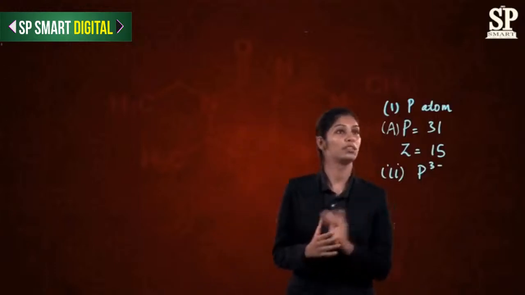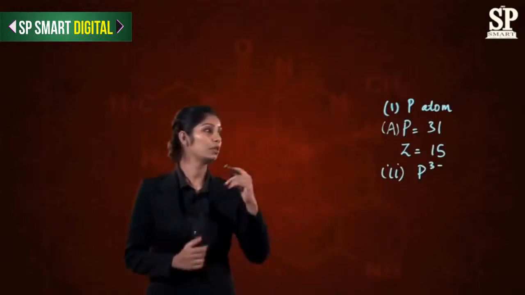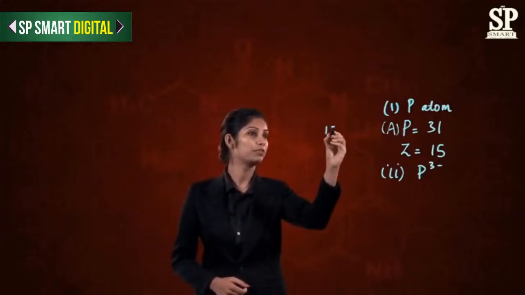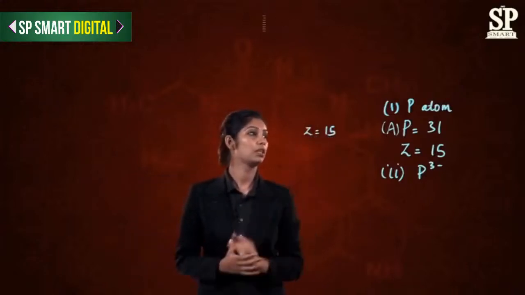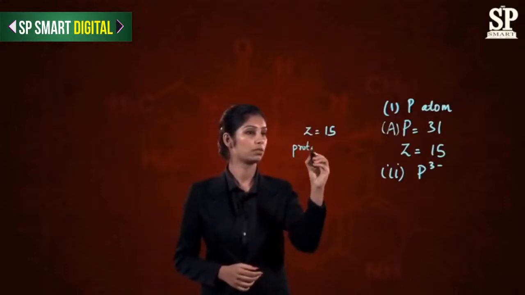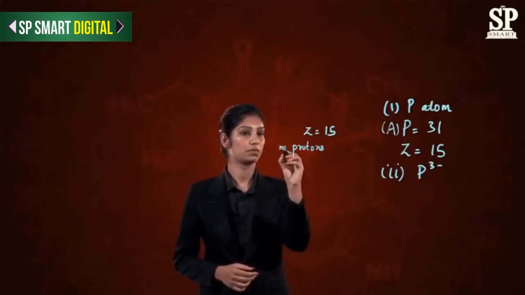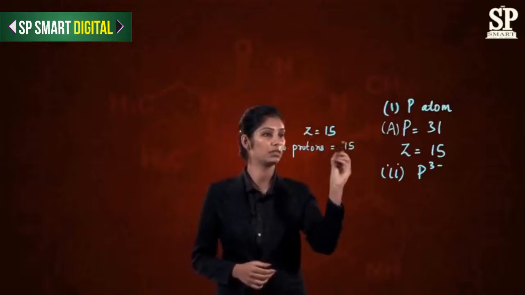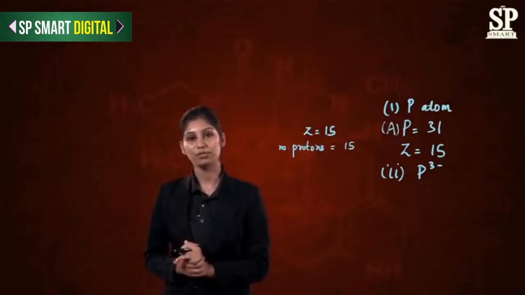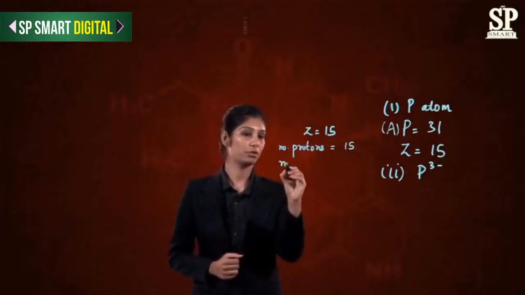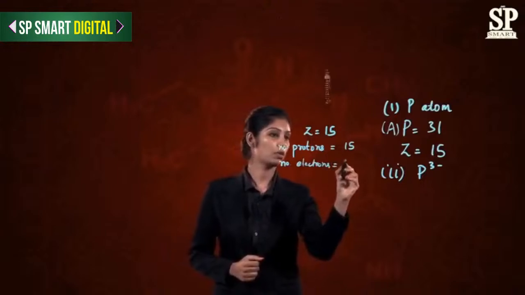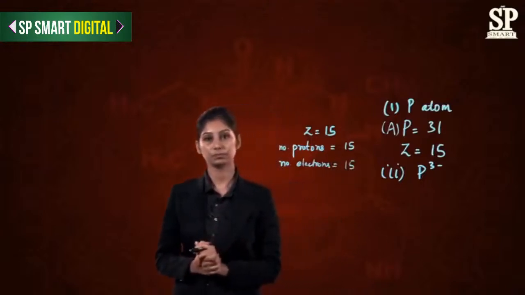Now let's solve this. We know that the atomic number of the phosphorus atom is 15, which means the number of protons is equal to 15. The number of protons equals the number of electrons. We know that. Therefore, the number of electrons is also equal to 15.